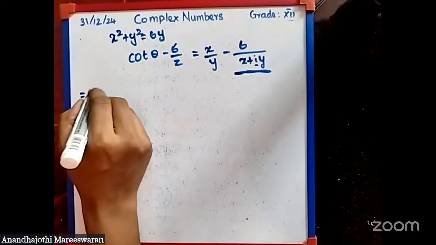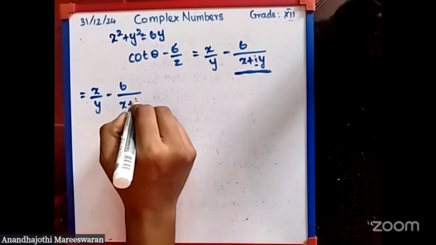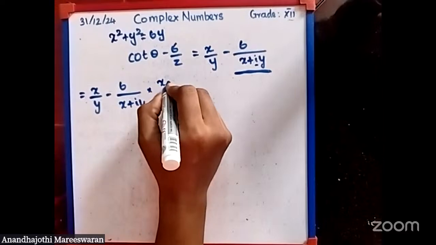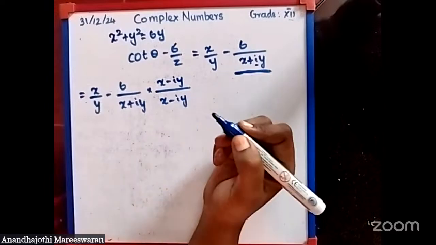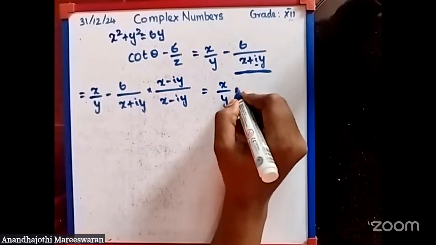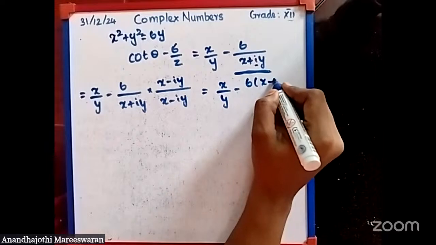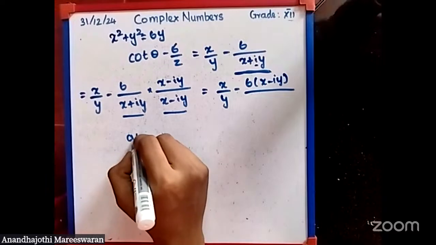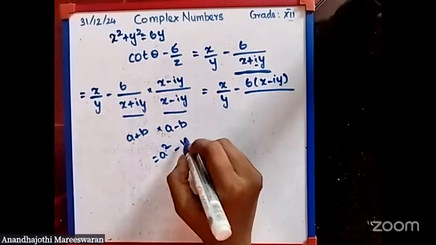So x minus y minus 6 divided by x plus iy multiplied by this term's complement, x minus iy divided by x minus iy, which equals x minus y minus 6 multiplied by x minus iy divided by, it is in the form of a plus b multiplied by a minus b, which equals a squared minus b squared.